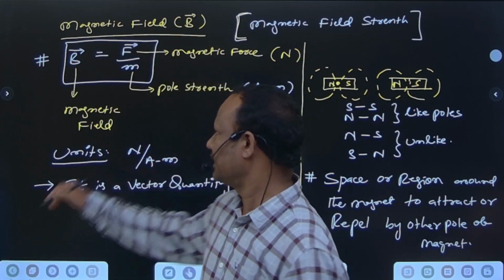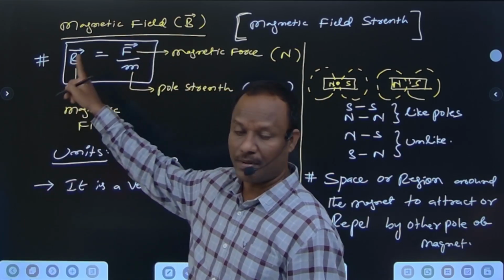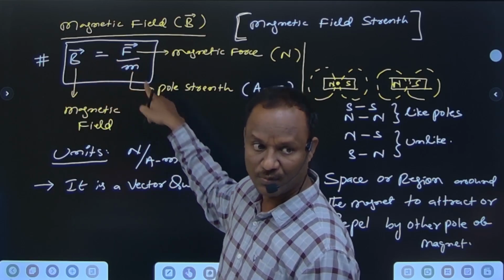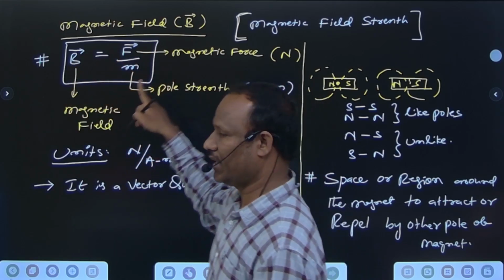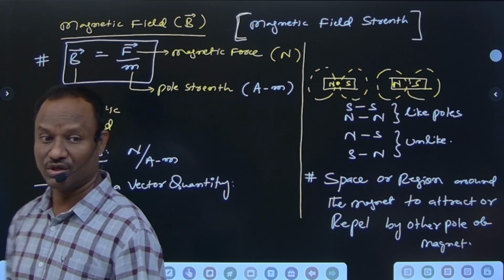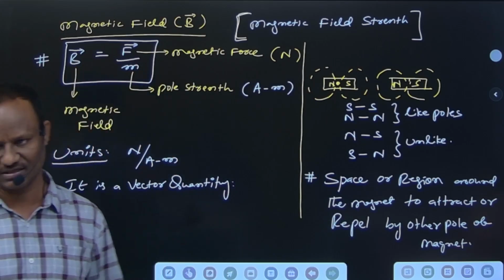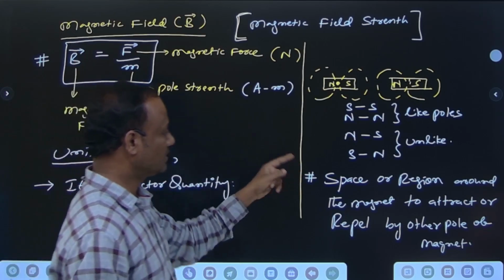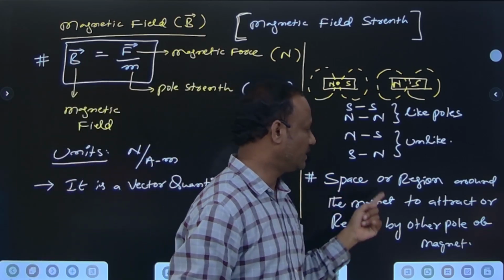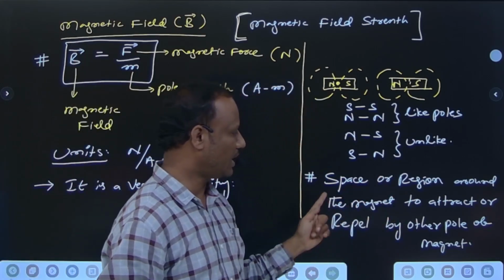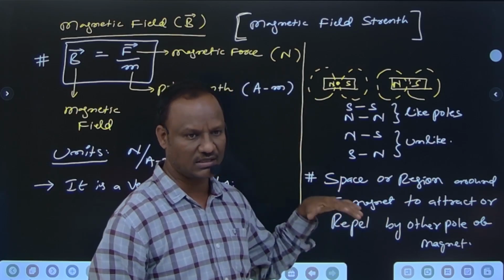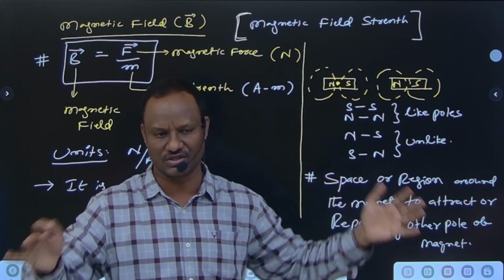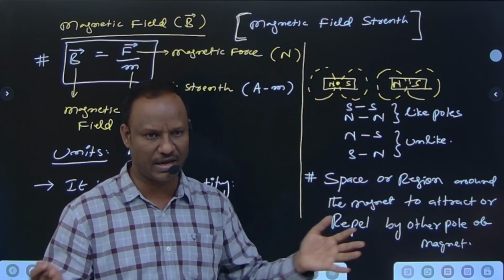Mathematically, magnetic field is defined as magnetic force per unit pole strength. Otherwise, it is defined as the space or region around the magnet where attraction or repulsion can exist. That region is called the magnetic field.